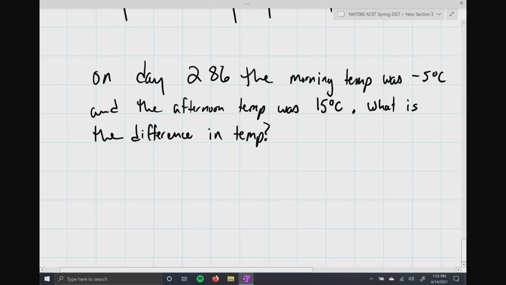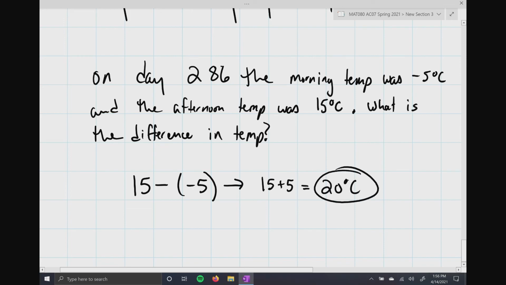All right, so with this one, I want the difference in temperature. So I want the final temperature, which is 15, and the difference means subtraction. And I'm going to have to subtract negative 5. And by doing that, this actually changes to 15 plus 5, which is a 20 degrees Celsius temperature difference.